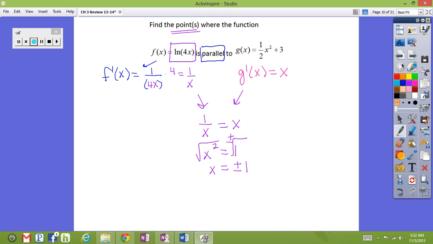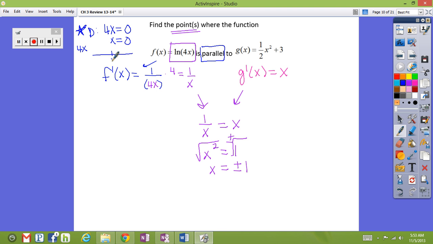So, a good hint is anytime you see an ln problem that you're going to work with, I actually find the domain of ln problems. You always take what's inside the ln, set it equal to 0, 4x is equal to 0, and then you do a sign chart for 4x. This is an easy sign chart.